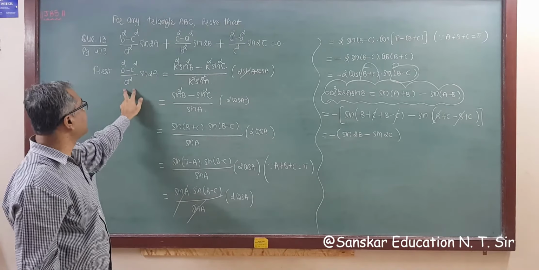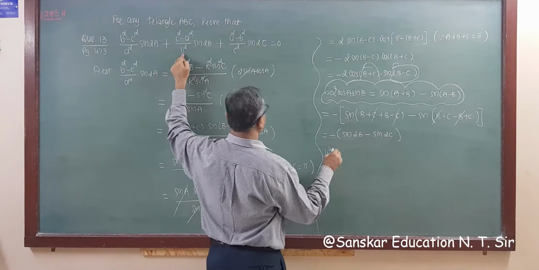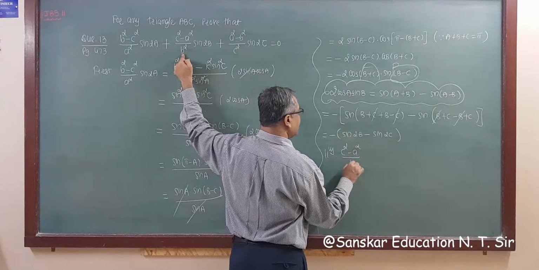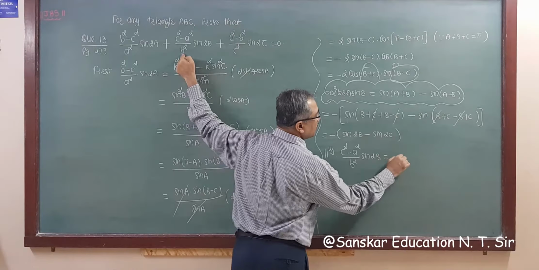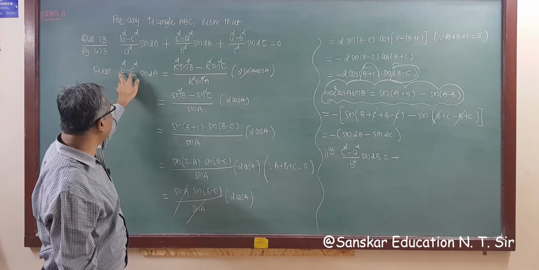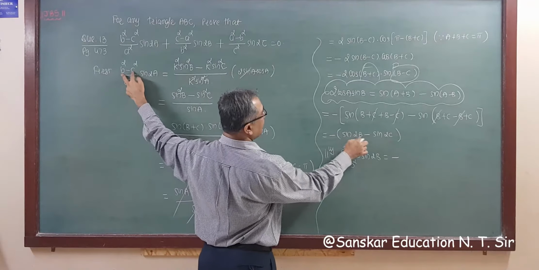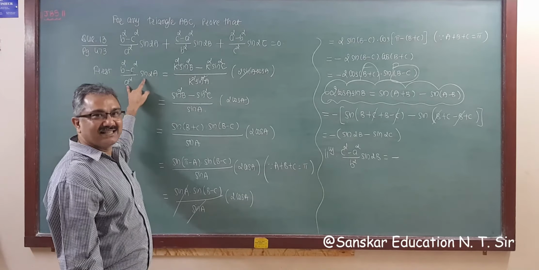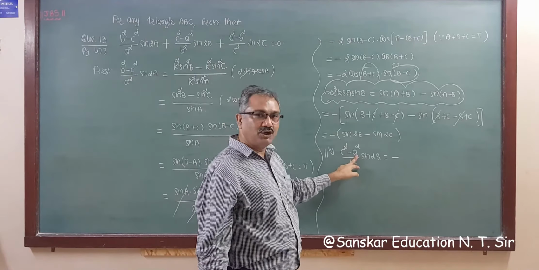If we have this. So similarly, c square minus a square upon b square into sine twice b is equal to minus. If we have b square minus c square, then answer is sine 2b minus sine 2c. Right? No need to see this anything. So answer of this is sine 2c minus sine 2a.